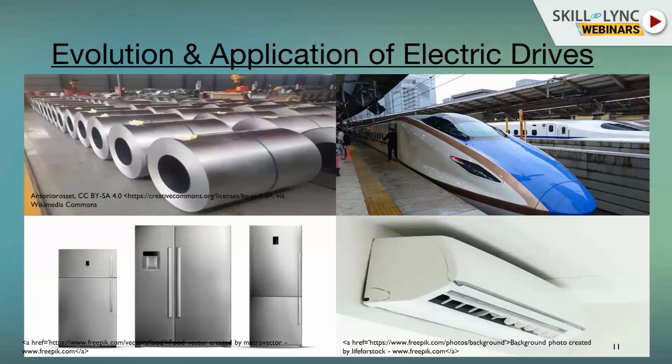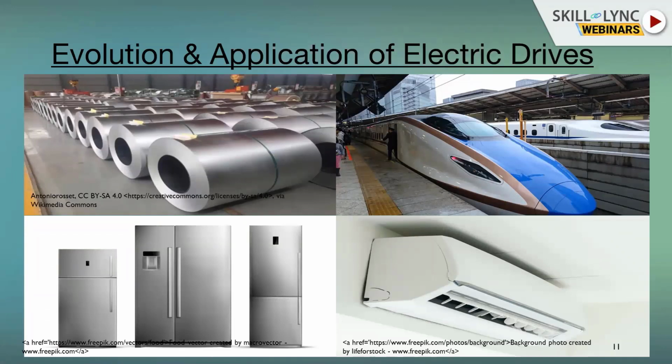The transportation industry, locomotives, and most of the high-speed electric trains that we have are all based on electric drives. And coming to home appliances, which most of you are familiar with, basically the refrigeration, washing machine, air conditioning, all of this use electric drives, basically with motors of different power ratings.